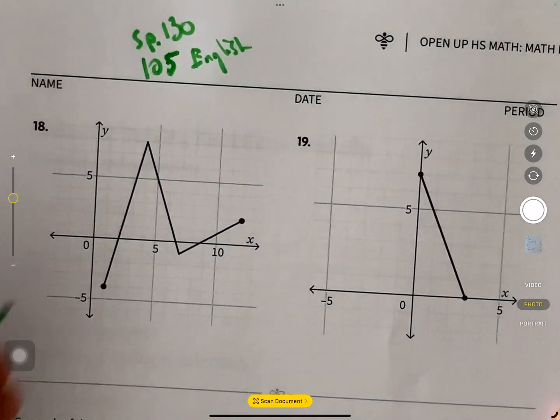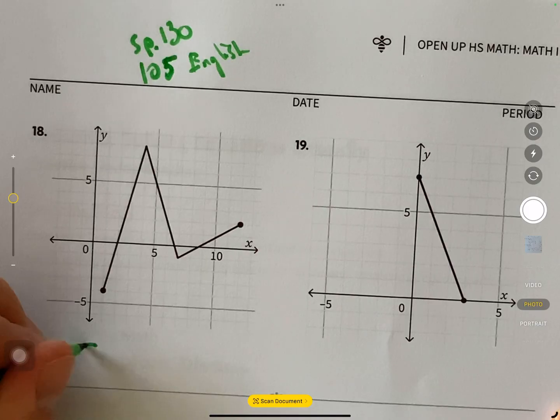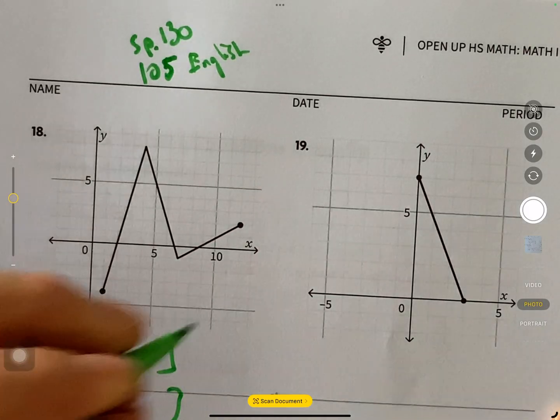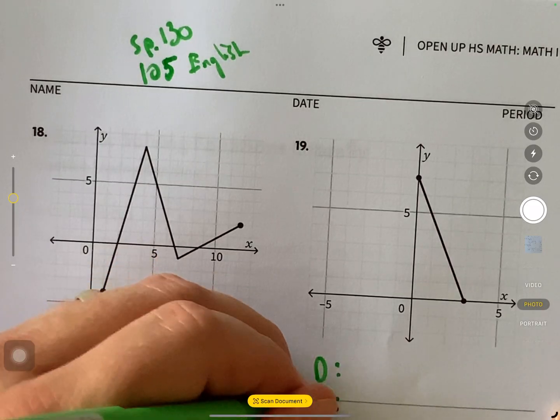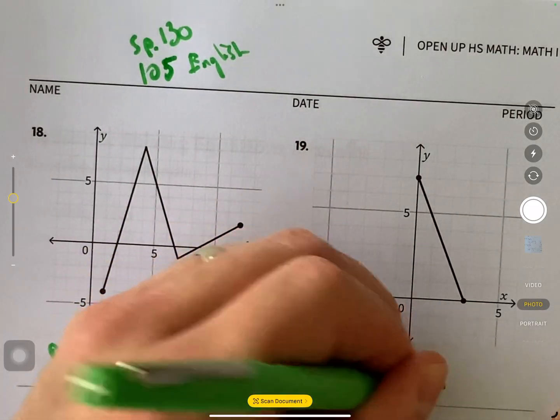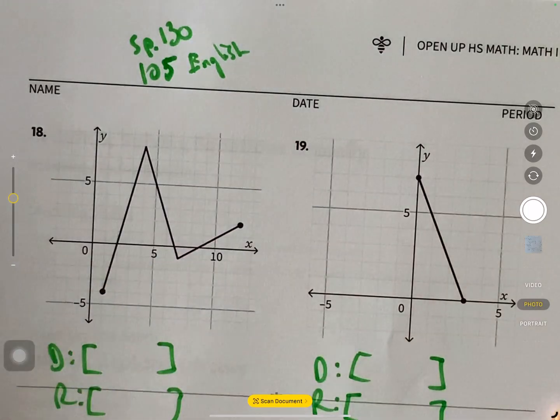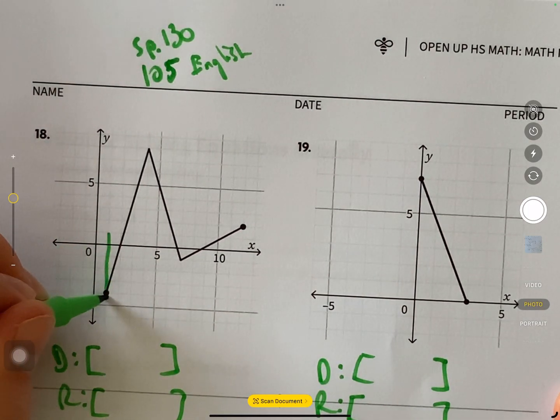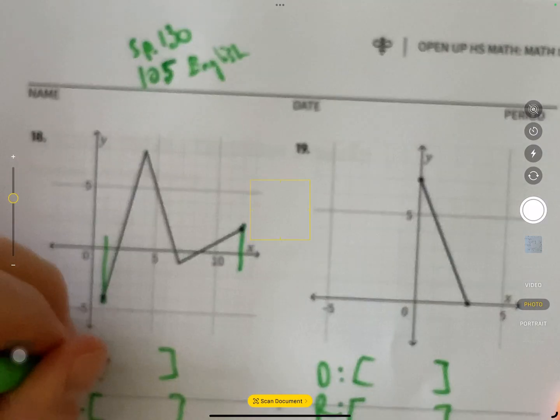And then domain and range of these things. So we'll just say domain, bracket, bracket, range, bracket, bracket, same thing here. Domain, range, bracket, bracket. All right, looks like the domain goes from 1 to 12.